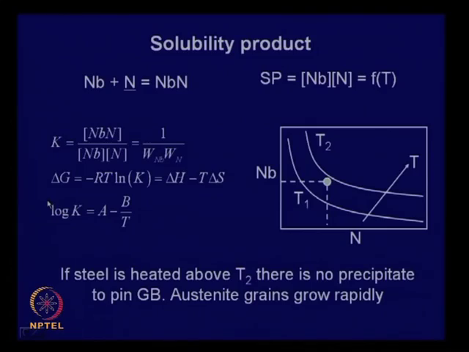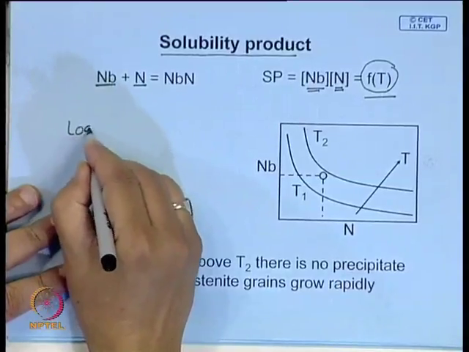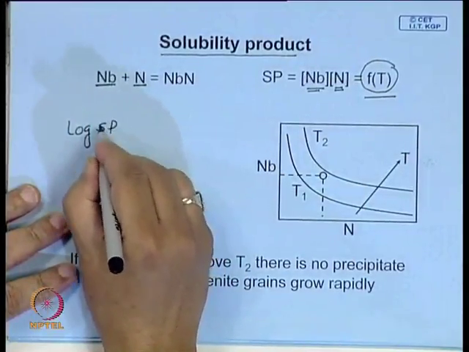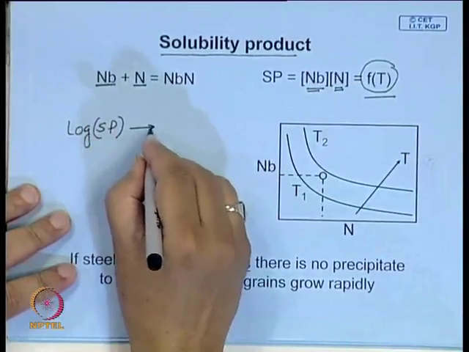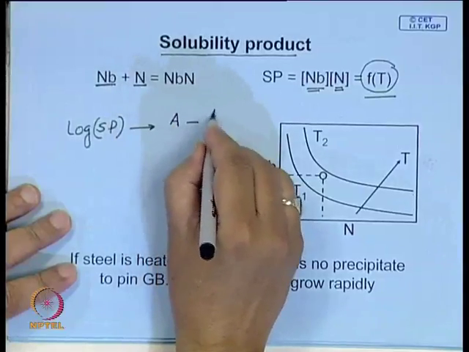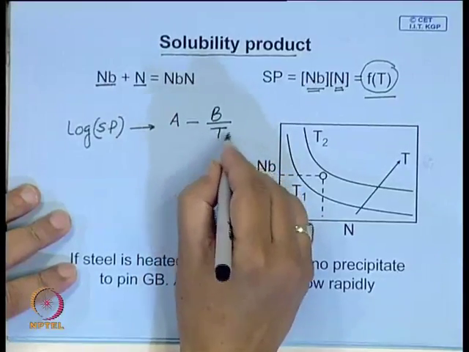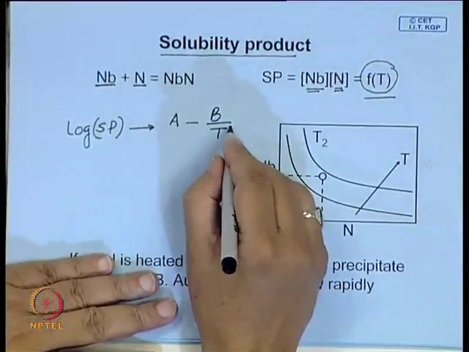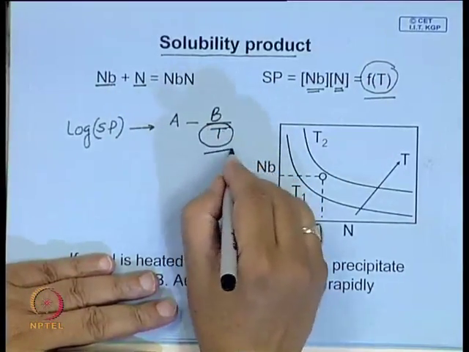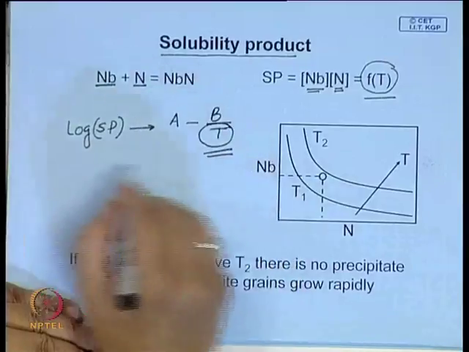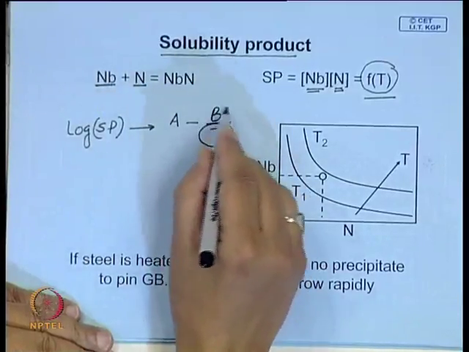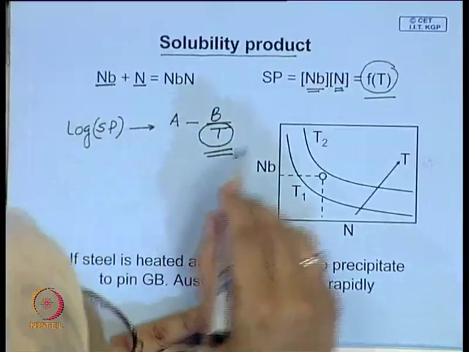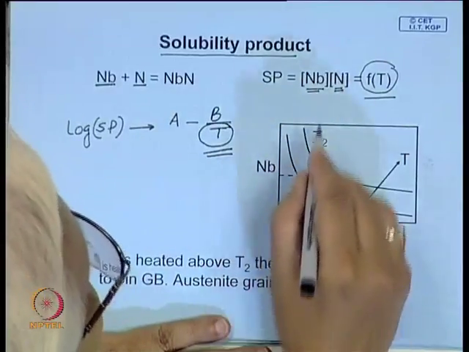So, if you plot the logarithm of this solubility product, it has this kind of plot. T is the temperature in degrees Kelvin. So, this is a strong function of temperature, and it is quite important to see how this solubility product changes with temperature, and typically it is shown over here.